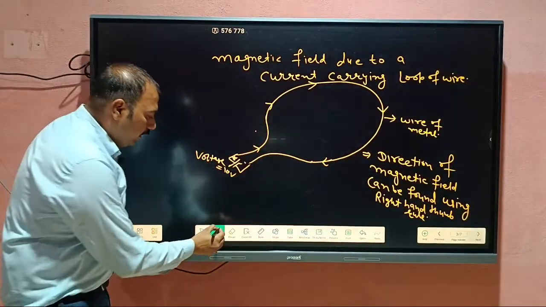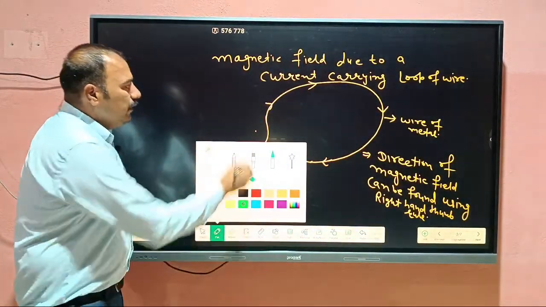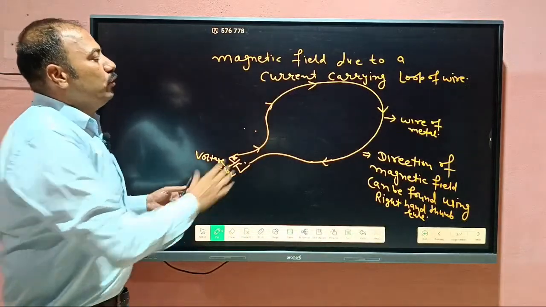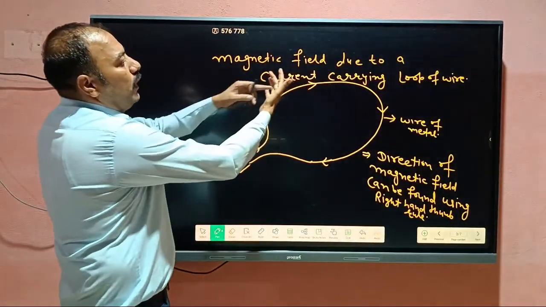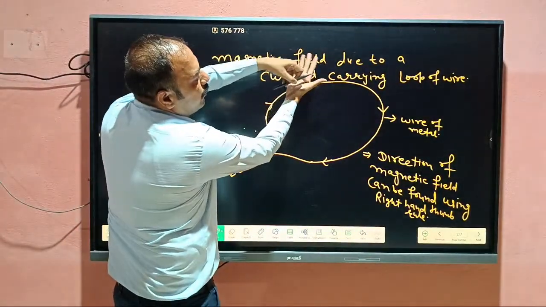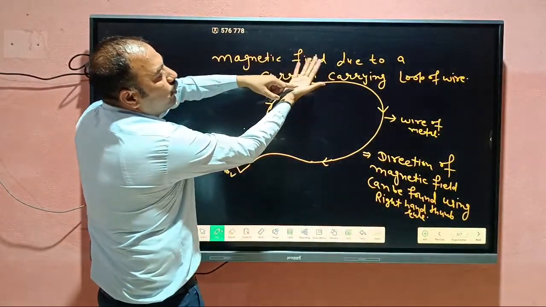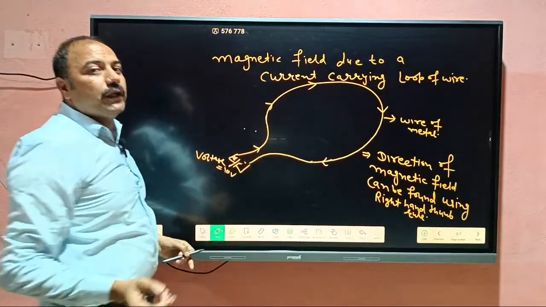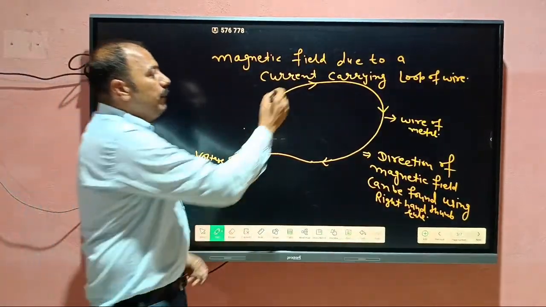According to the right hand thumb rule, align your thumb in the direction of the current and wrap your fingers. The wrapped fingers give the direction of the magnetic field.